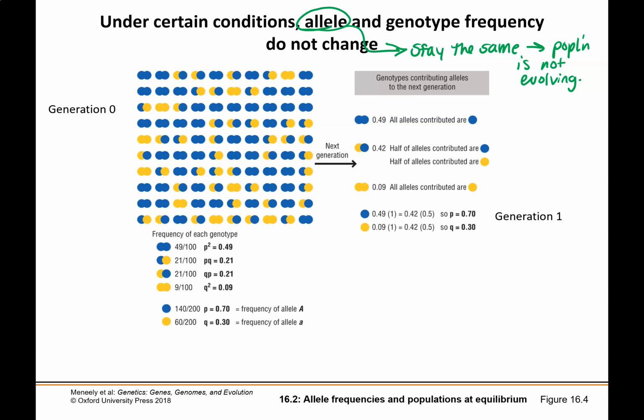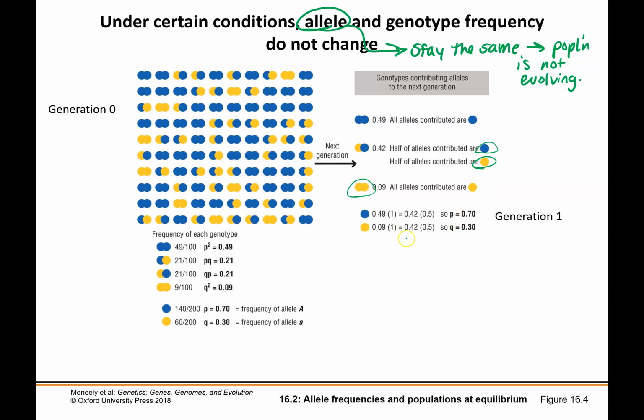So this diagram is just showing that if these individuals on the left have a next generation of offspring, about half of the alleles are blue, 42% of the individuals are heterozygous, half of the alleles are blue, half are yellow. And then I missed the bottom, 9% of our individuals are yellow. They contribute all yellow.